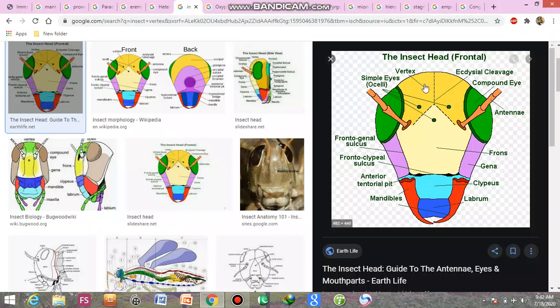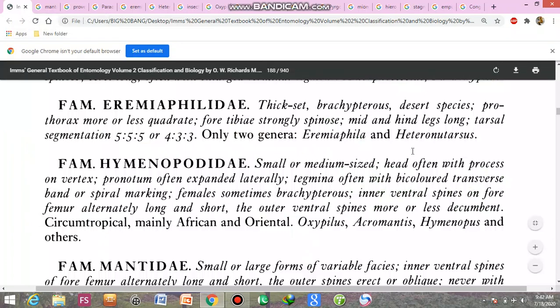This is the top region of the head. Vertex means top region. So in these animals, the head often has processes on the vertex.